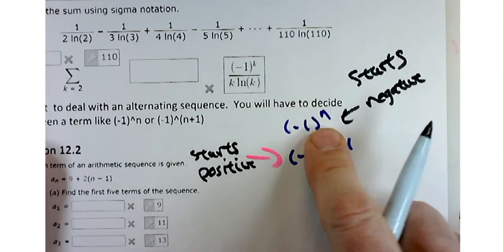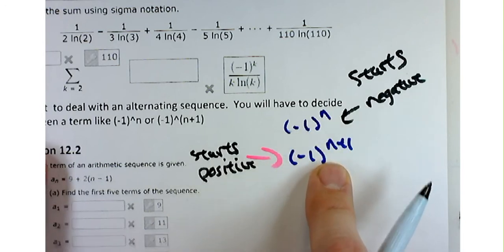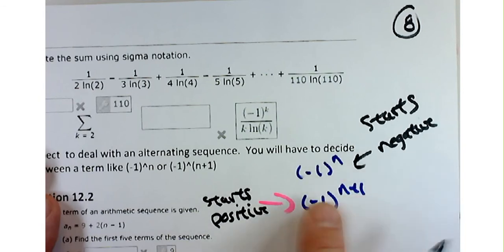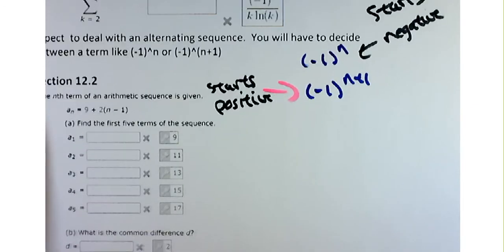Because if I put in a 1 here, I get (-1) to the first power. That's -1. If I put in a 1 here, (-1) squared is +1. So do you want to start out with negative, positive, or positive, negative? One of those two terms is going to be the correct term for you.